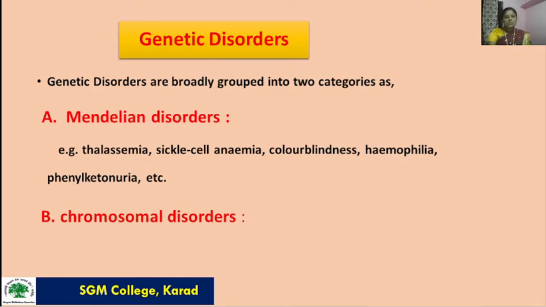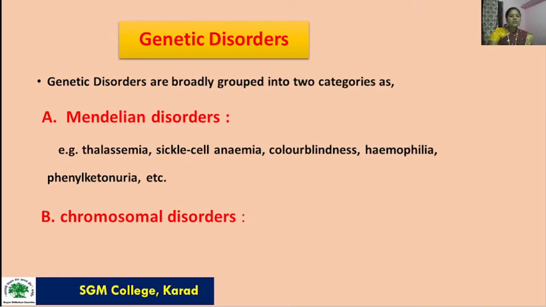Genes are mutated, and that's why we find Mendelian disorders. Examples of Mendelian disorders are thalassemia, sickle cell anemia, color blindness, hemophilia and phenylketonuria.